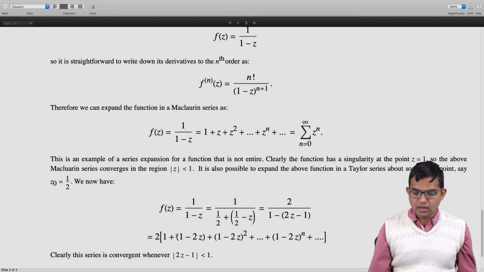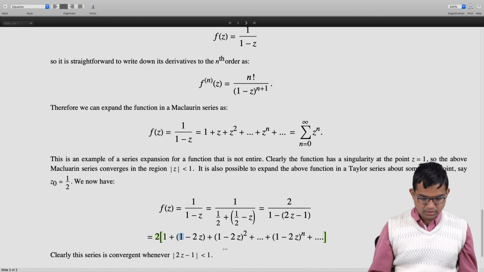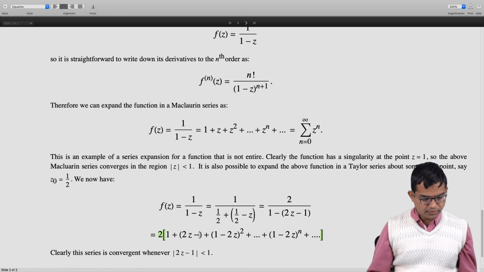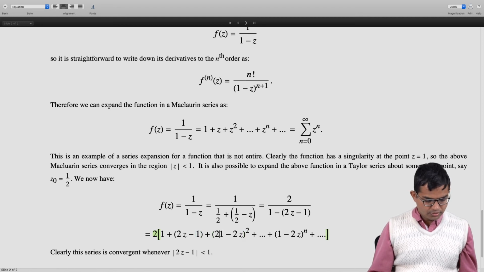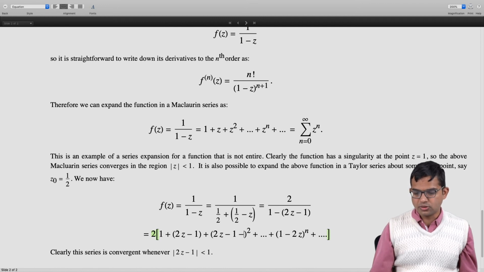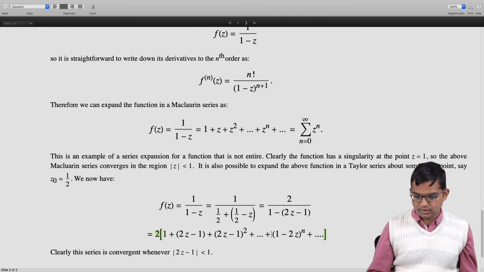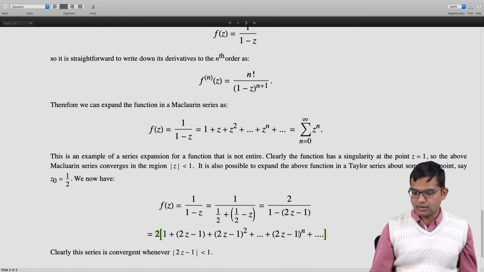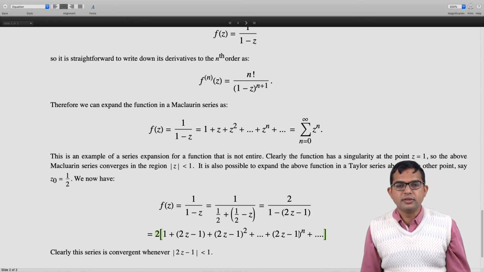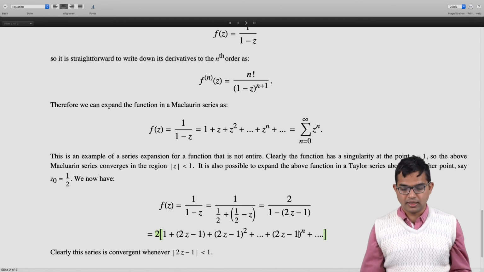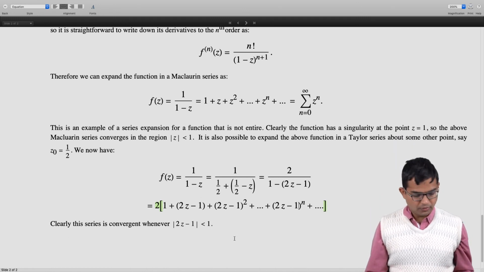So now we have 2z minus 1, 2z minus 1 the whole squared, and so on, the whole power and so on, right? And clearly this series is convergent whenever mod of 2z minus 1 is less than 1, right?